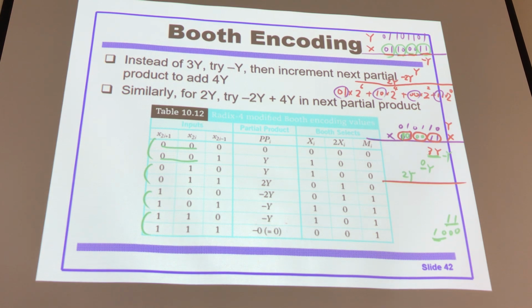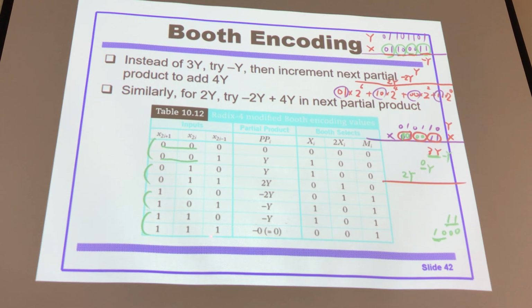N meaning minus, so minus 2y, minus y. And 0, here is 0, the minus 0, but again, it's still value 0.